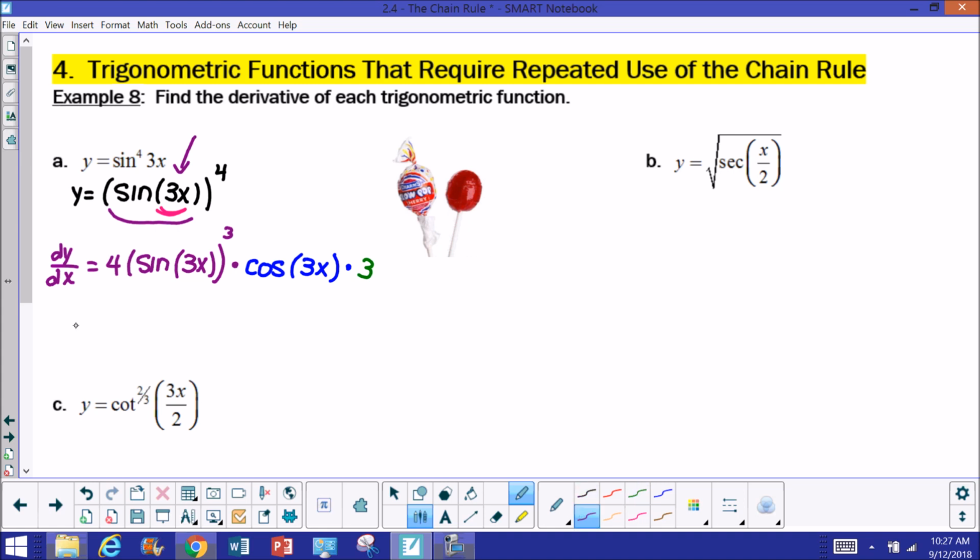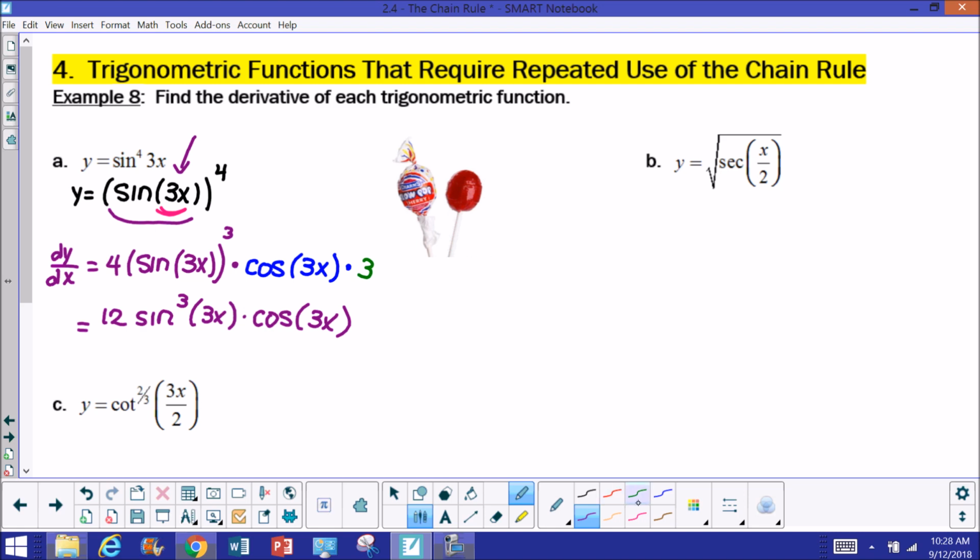And of course, we could simplify this by multiplying the 4 and the 3 and get 12. And then whichever order you want to write your sine and cosine makes no difference. And if you want to put that 3 in its usual spot, feel free to do so. But that would indeed be the answer. And this is something that you could check with your calculator. Okay? Again, these just take practice. The more of these you do, the better you're going to feel.